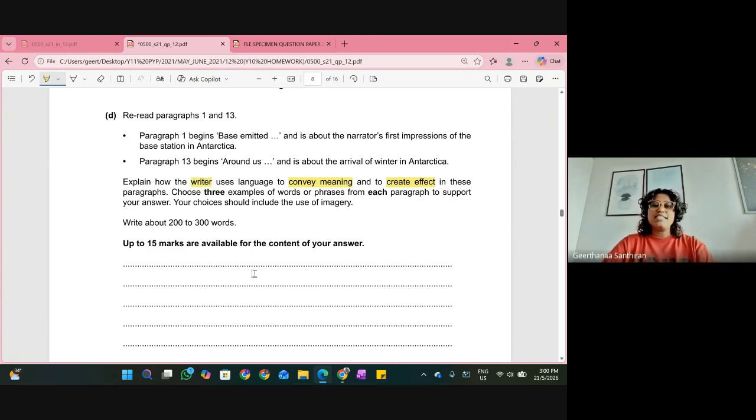So writer's effect is all about being able to see the cool things that the writers are doing. It's on purpose. They're choosing these words with a lot of thought, consciously, deliberately, right? They're like, I'm going to use this word to make you feel this certain way.